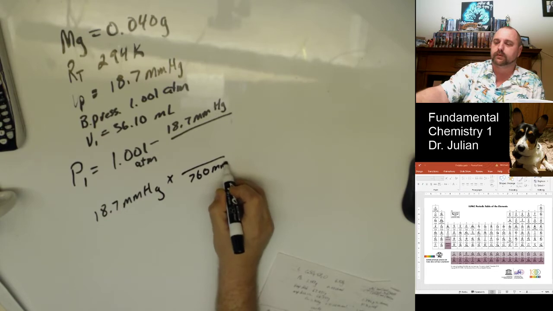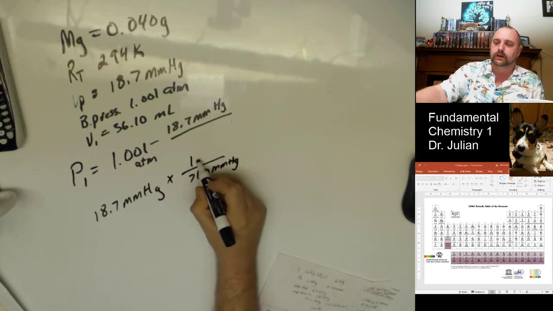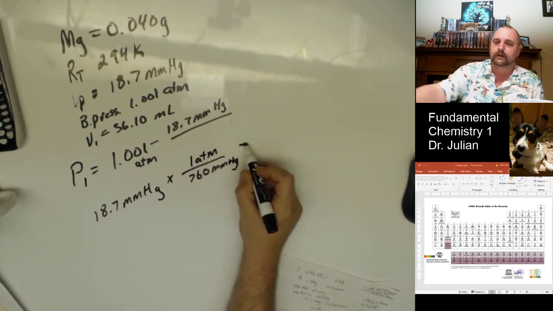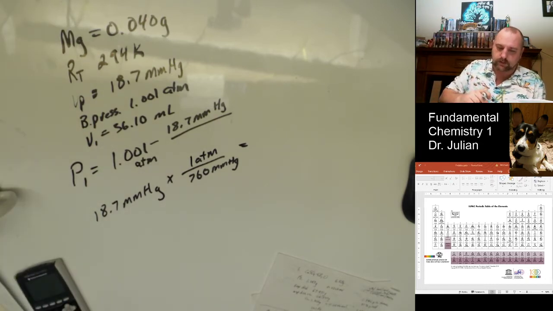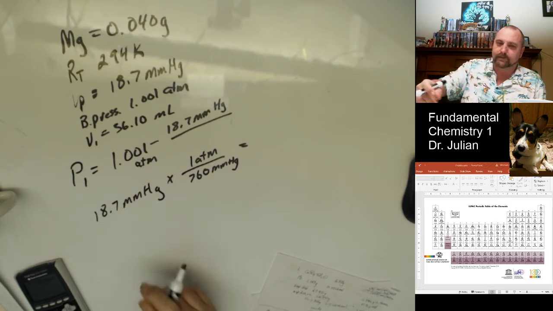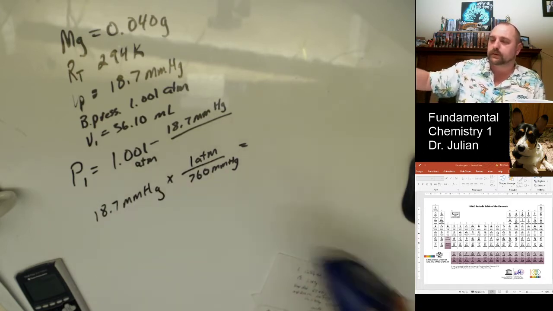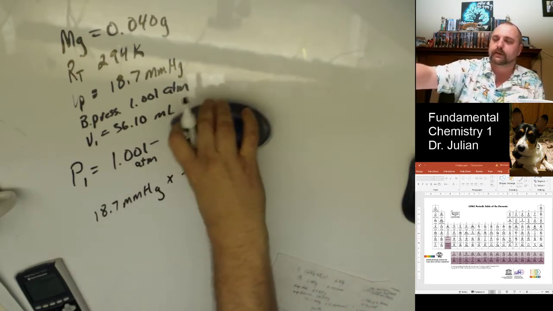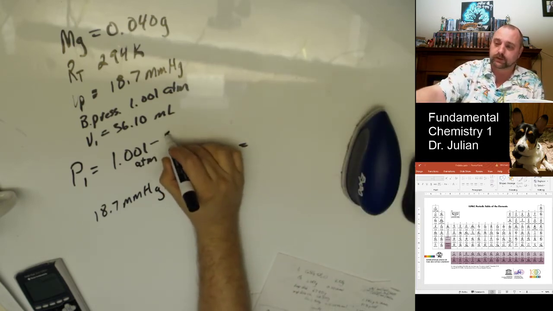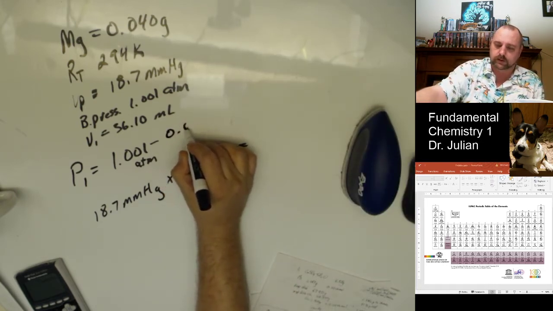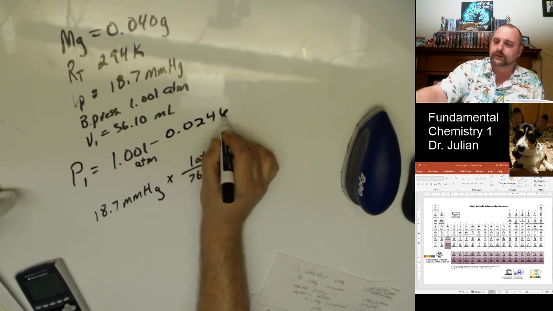760 millimeters mercury is 1 atm, so we'll divide that out. 18.7 divided by 760. When I'm up here, instead of putting my 18.7, I could just put divide by 760 there, but I'm going to put 0.0246.